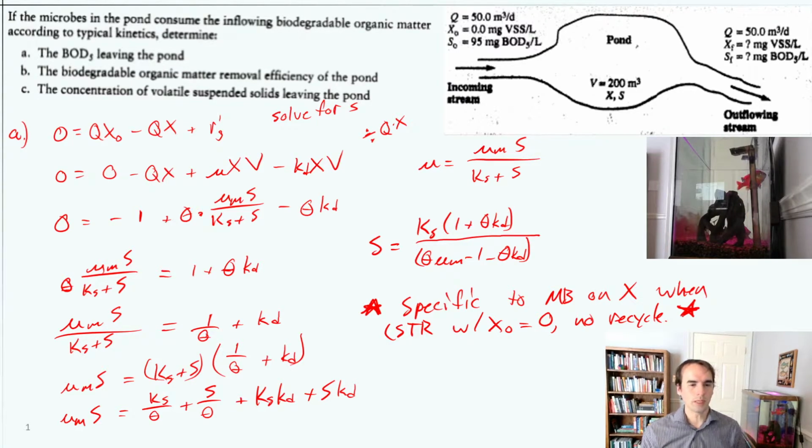So we can use that, and that's what the book derives, to find our value for S. If we needed to find S in a system with recycle, we're going to have different equations involved.